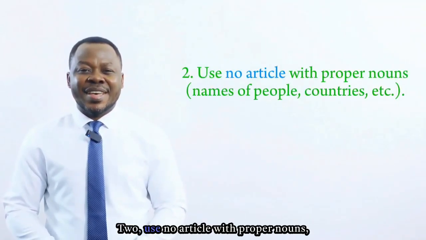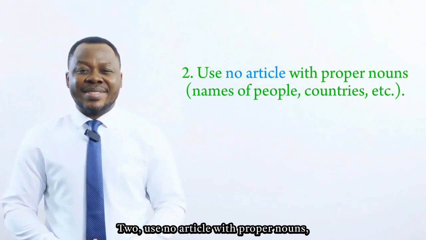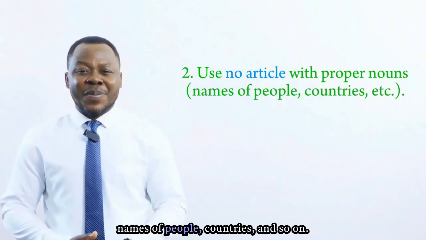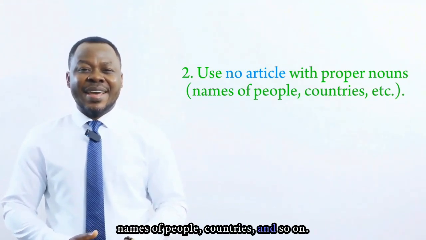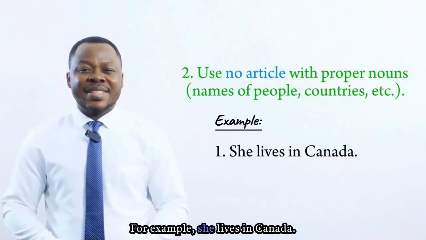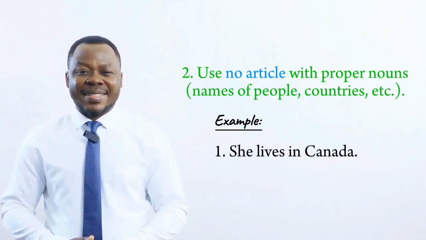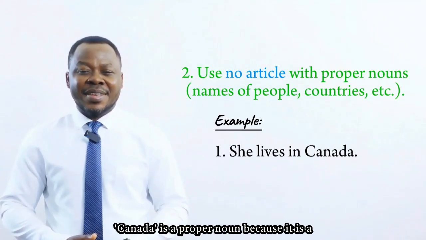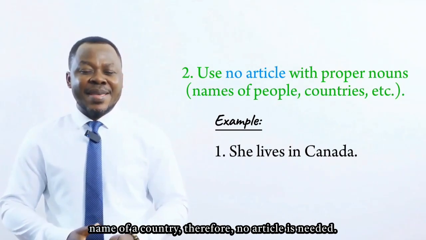2. Use no article with proper nouns, names of people, countries, and so on. For example, she lives in Canada. Canada is a proper noun because it is a name of a country.